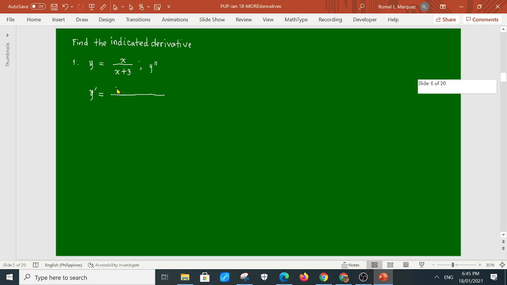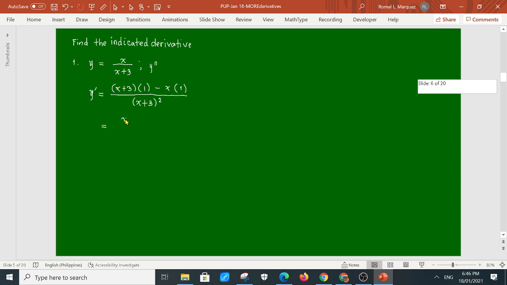How do we differentiate a quotient, guys? The denominator, derivative of the numerator, minus the numerator, derivative of the denominator, all over the square of the denominator. Okay? Simplify.